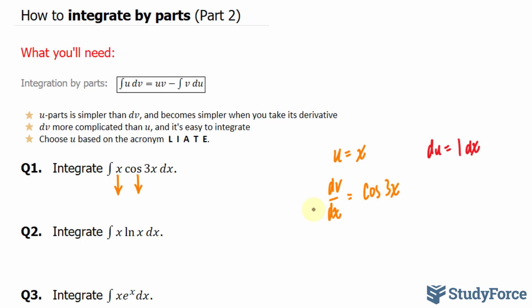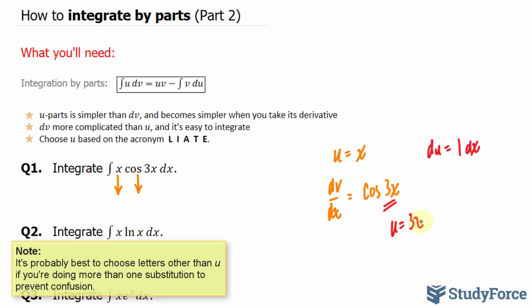Over here, we have to find the integral of cosine 3x. To do that, we'll do a u substitution where I have u is equal to 3x. I take the derivative, du is equal to 3 dx, and dx is equal to du over 3.